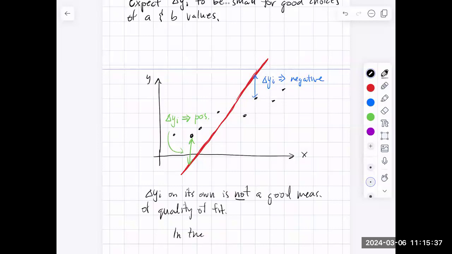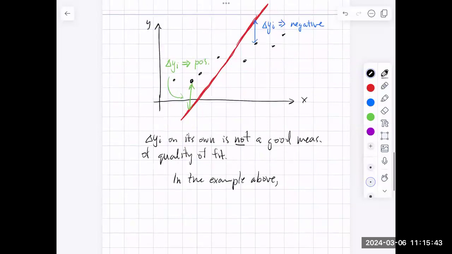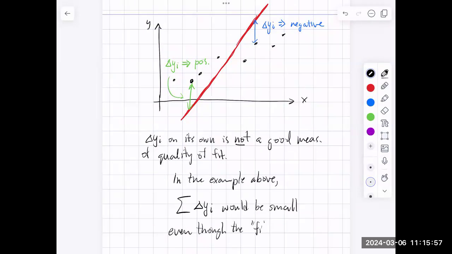In the example above, the sum of delta yi would be small, even though the fit is obviously poor.